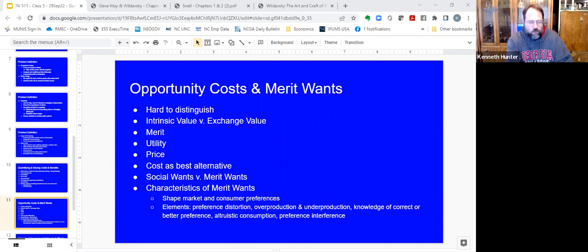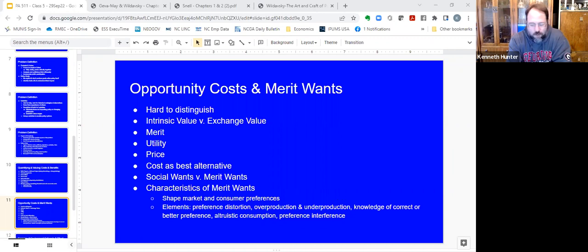And they will get certain credits or certain benefits for doing that. They can also be tied to the CAFE standard issue, in that the idea was to overproduce fuel efficient vehicles and underproduce non-efficient vehicles. Didn't work out that way. Also giving information and knowledge of correct or better preferences, this idea of altruistic consumption that has been encouraged. There's a lot of different examples of that, particularly in today's marketplace.